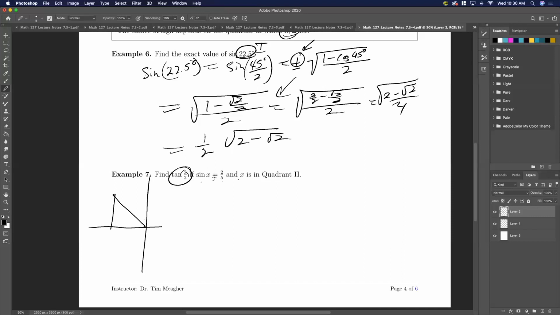Here, this will be my x, the opposite will be 2, and the hypotenuse will be 5. This box will be the square root of 5 squared minus 2 squared, because that's how we find the other side of a triangle. This will be 25 minus 4, so this is equal to the square root of 21, whatever that is. And since this is in quadrant 2, remember this will be negative, so negative square root of 21.